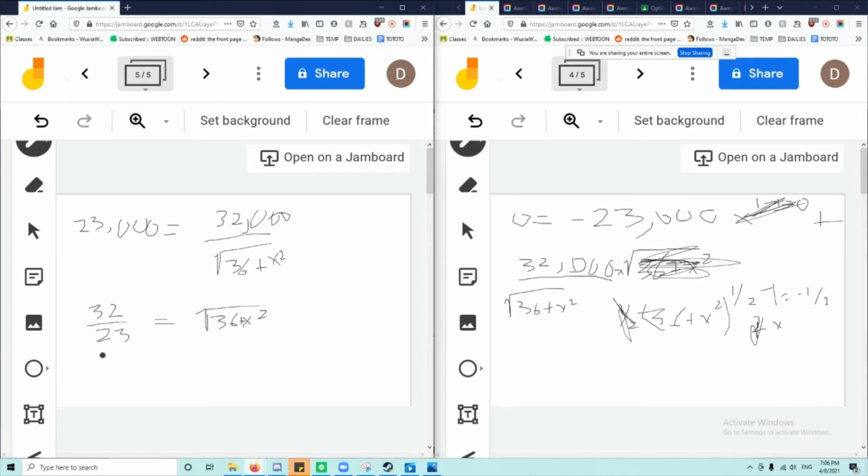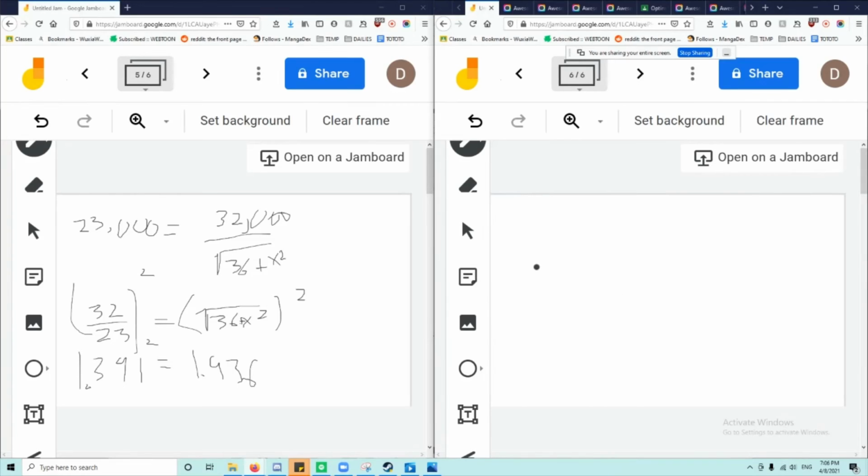When you calculate this, this is equivalent to 1.391. And to get rid of this radical, you just have to raise both sides to the power of 2. This would become 1.936.